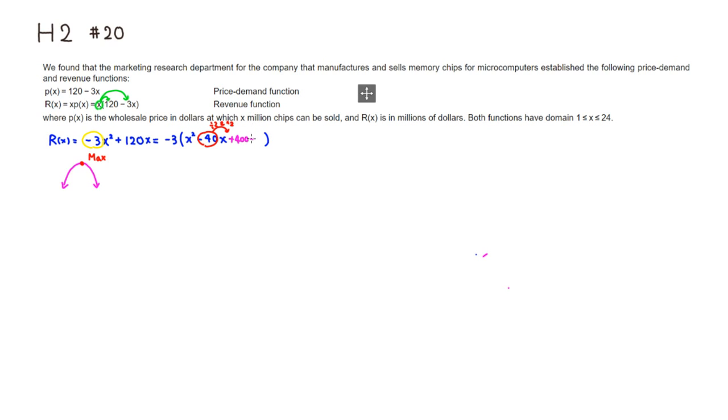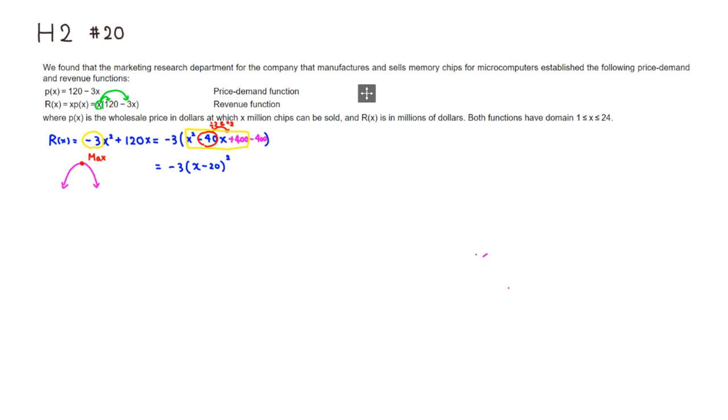Then you have to subtract 400 as well so that we don't change the function. So this is equal to negative 3 still sitting there, and using these three terms we can complete the square. It's going to be x, half of negative 40 is negative 20, and then squared.